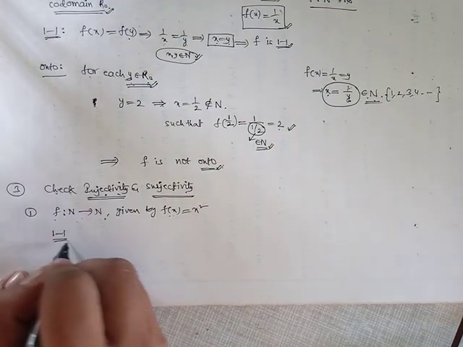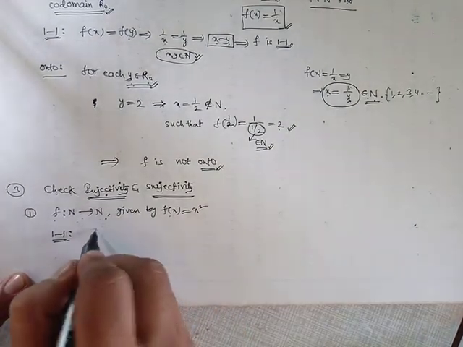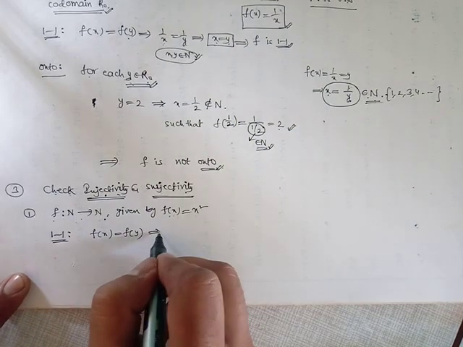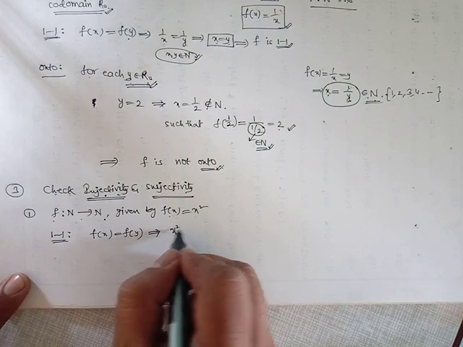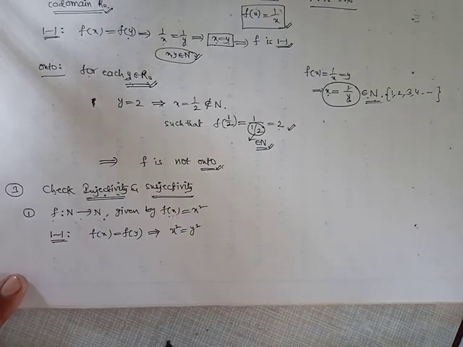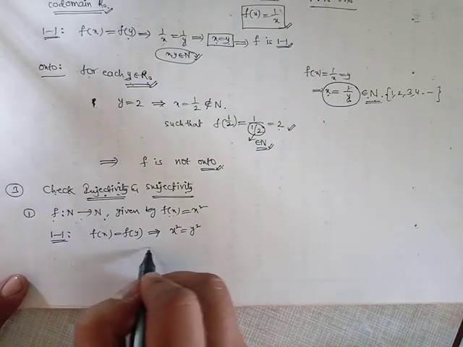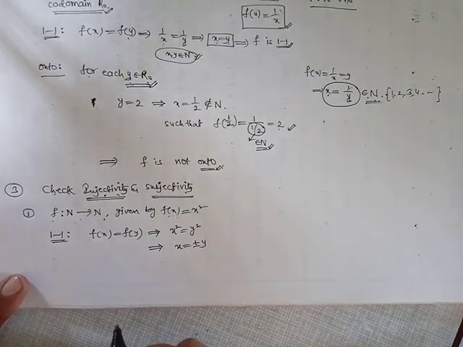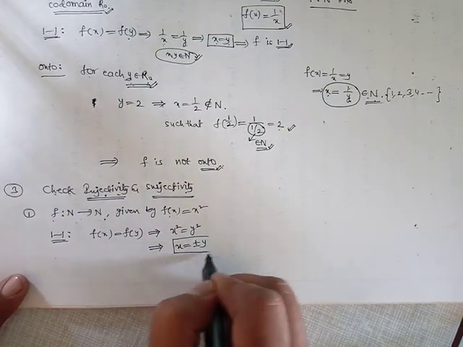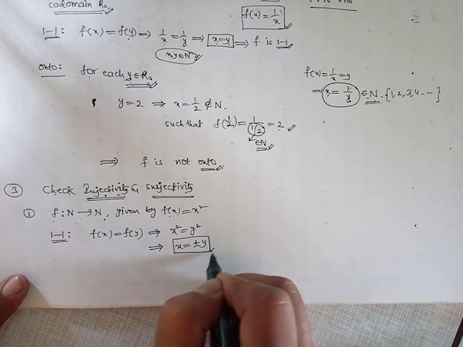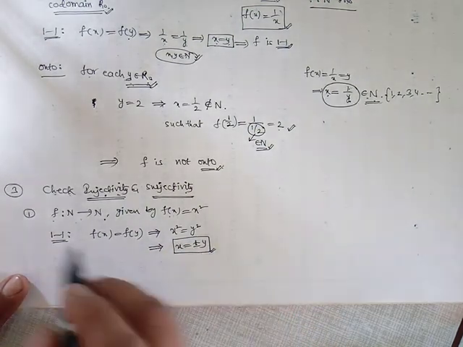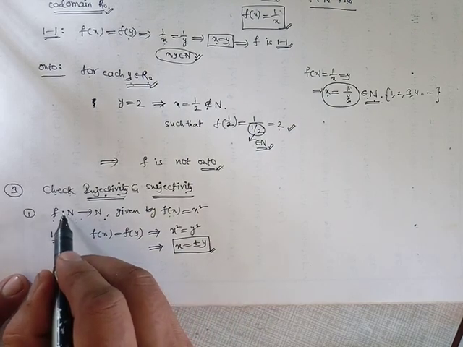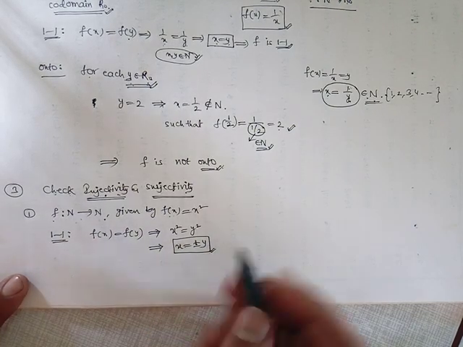Checking the first condition, 1-1: f of x is equal to f of y. So this implies x square is equal to y square. We will get x is equal to plus or minus y. But it is taking natural numbers only, so it will not take the negative side.